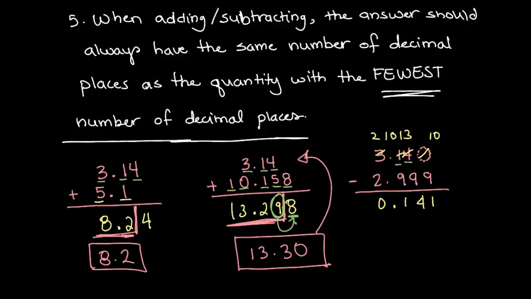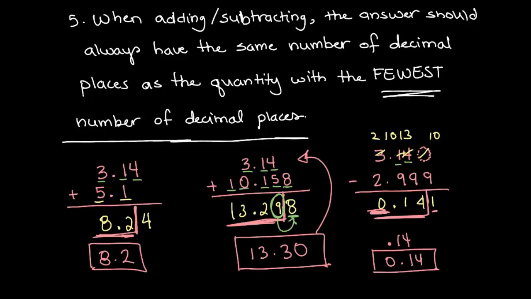So remember 2 decimal places. So I would cut it off right there. Remember, this 0 is non-significant because it's to the left of the decimal point. So our final answer could be 0.14 or .14. Doesn't matter. Since we don't have to round because it's a 1 right here, we would just write 0.14 or .14.